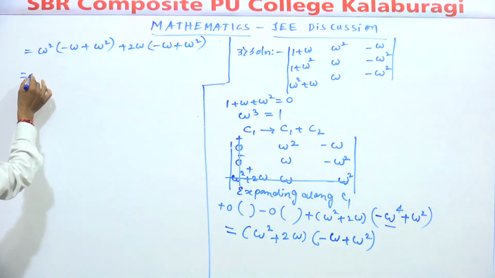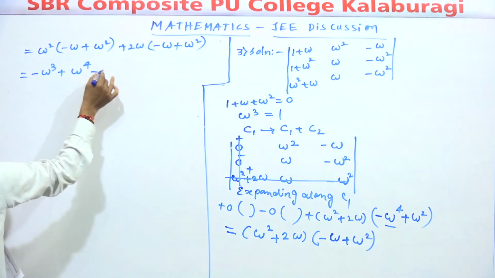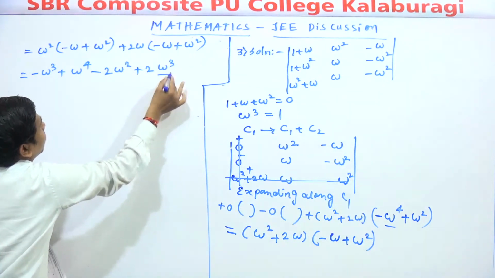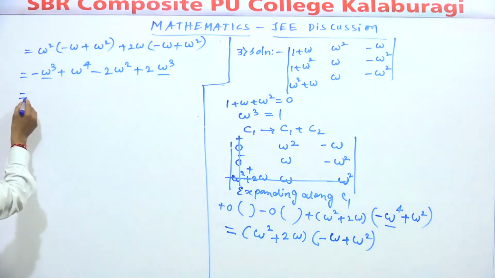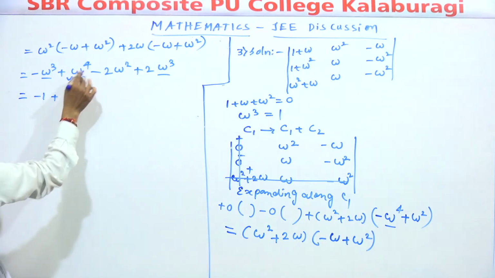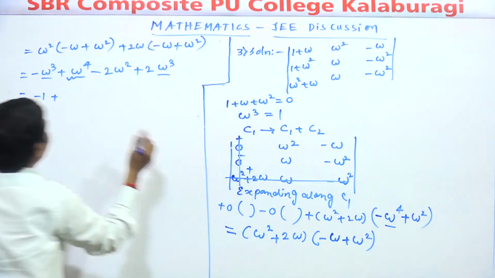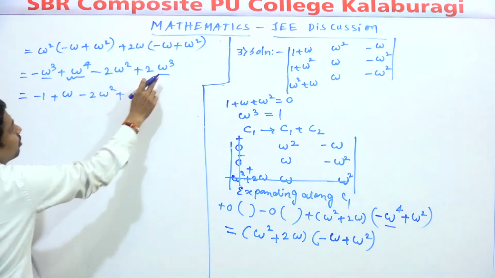Omega square into omega minus omega cube plus omega raised to 4 minus 2 omega square plus 2 omega cube. Omega cube, what is omega cube? It is 1. So minus 1 plus again omega raised to 4 as omega cube into omega. Omega cube equal to 1. 1 into omega minus 2 omega square plus 2 omega cube is what?